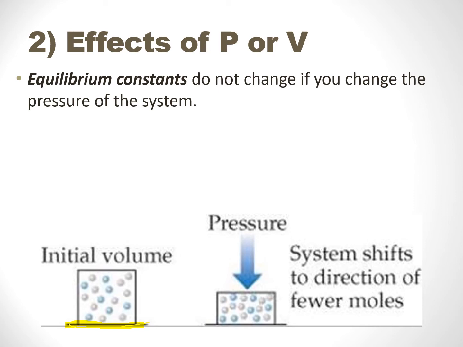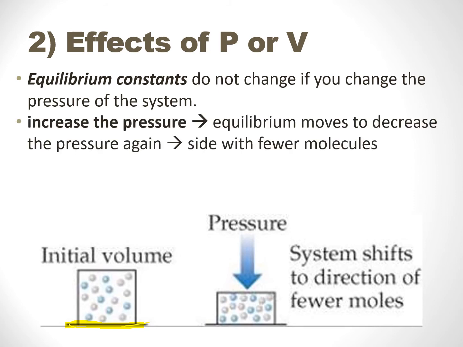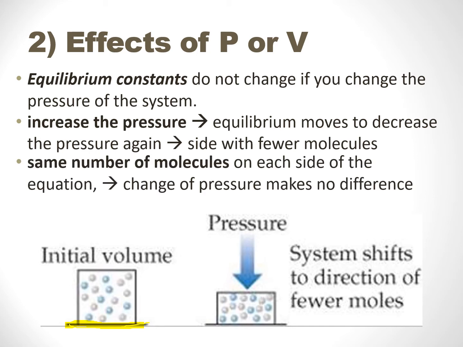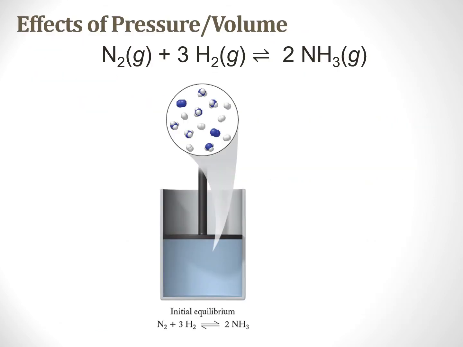To decrease the pressure, it will favor, between the direct and the reverse reaction, the one that has the fewer number of gas moles. So if we increase the pressure, the equilibrium moves to decrease the pressure again, so it favors the side with fewer molecules in the gas state. If you have the same number of molecules on each side, which sometimes happens, the change of pressure will make no difference.